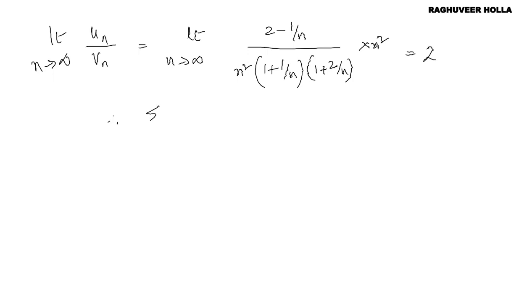Therefore the summation un and summation vn converge or diverge together.